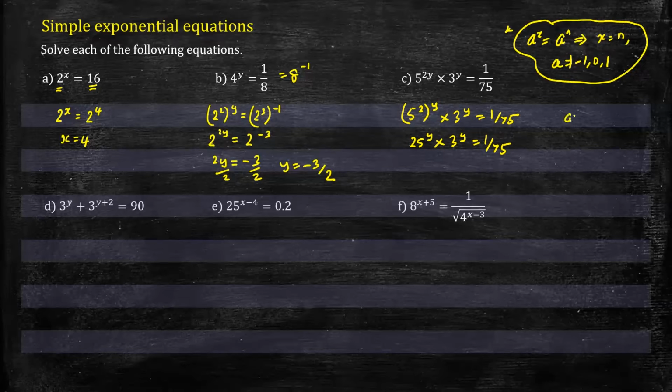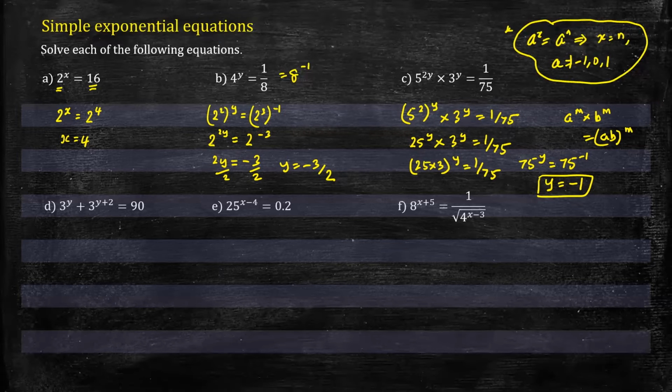So we can use the rule a^m times b^m equals (ab) to the power m, and we'll combine those two numbers. So this would give us (25 times 3) to the power y is 1 on 75. And 25 times 3 is 75, so 75 to the power y. And 1 on 75 is the same as 75 to the power -1. And so now we have base 75 on both sides. And this is telling us that y will be equal to -1.